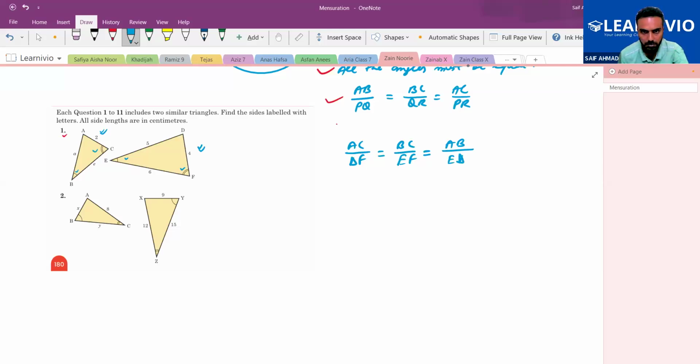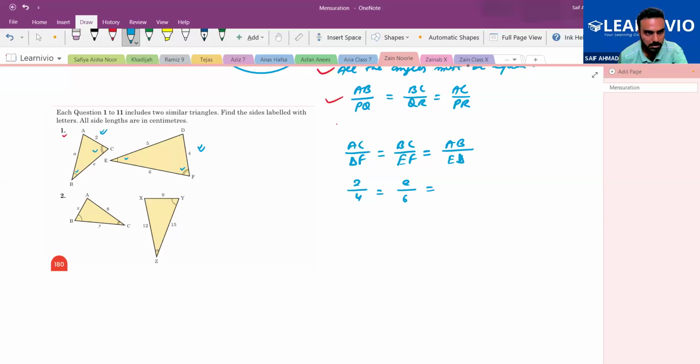Understood. So AC is given as 2 and DF is given as 4. BC is given as E and EF is given as 6.